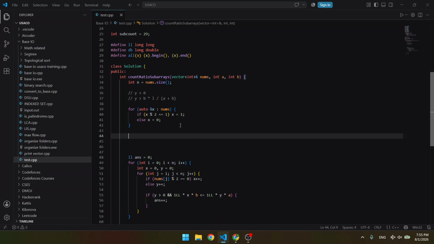Well, I mean, the O of n squared solution is really easy. Is it binary search? So the sum of y can be between 1 and n. We have L must be less than or equal to a plus b over b times y.